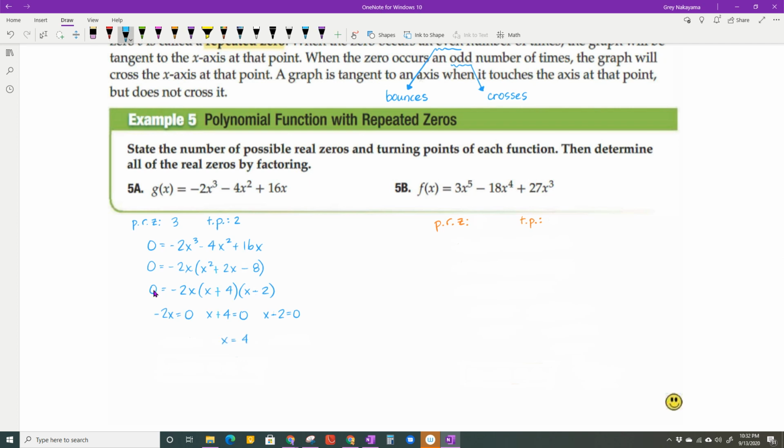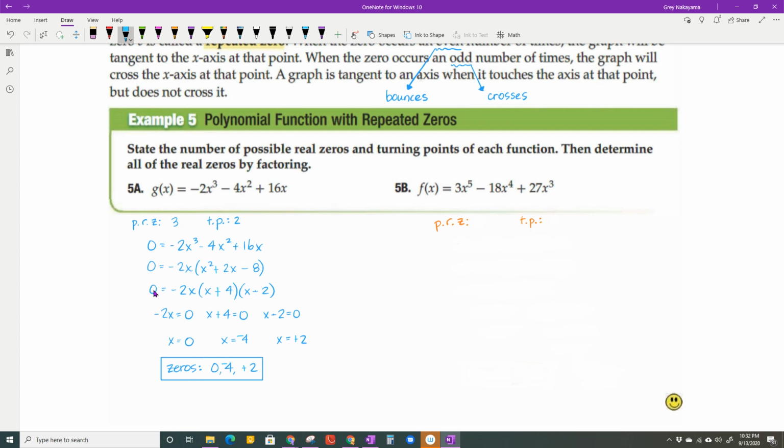So x is not going to equal 4. It's going to equal negative 4, and x is going to equal positive 2. So when I put those, my zeros, well, I didn't finish. If you divide both sides by negative 2, that will be x equals 0. So my zeros are 0, not 4 but negative 4, and not negative 2 but positive 2. And that's the correct answer.